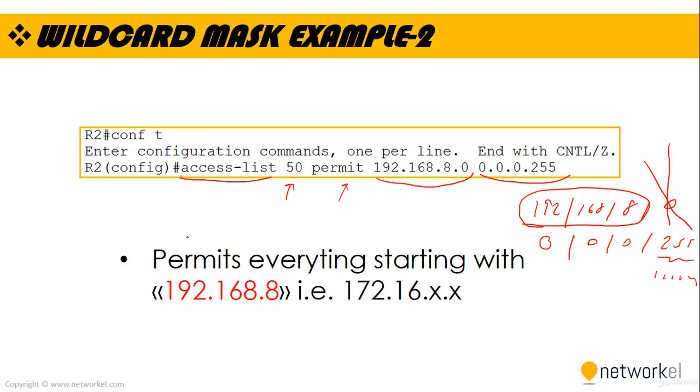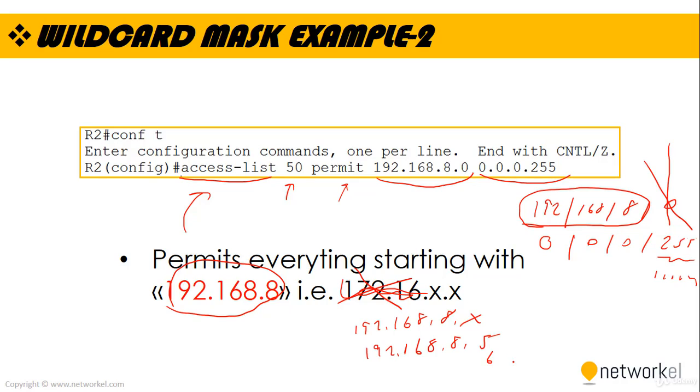That means this access list permits everything starting with 192.168.8. For example, oh, that's wrong. That would be something like that. And we can give an example like 192.168.8.56.254, and that's an arbitrary value.